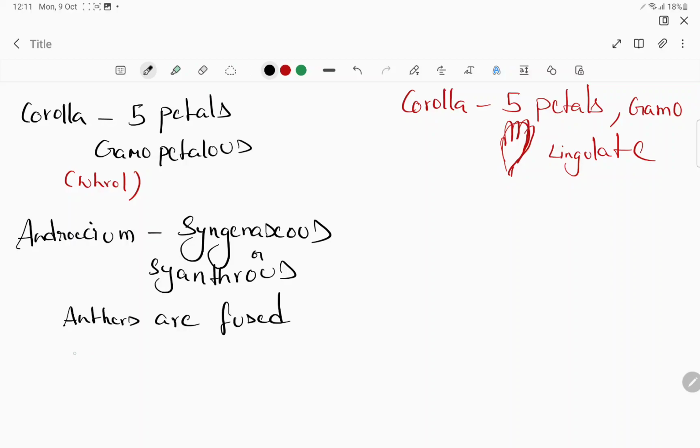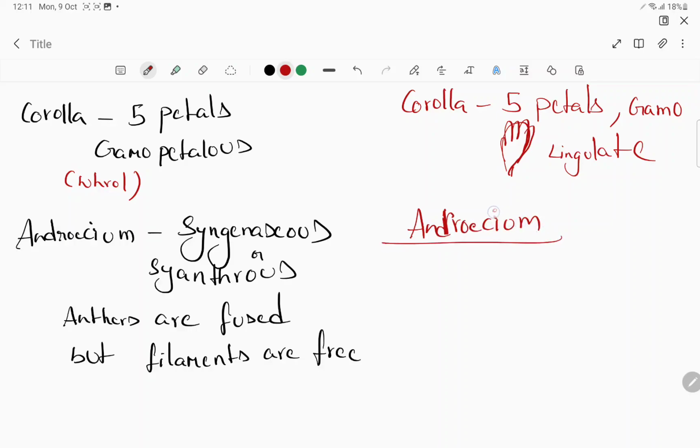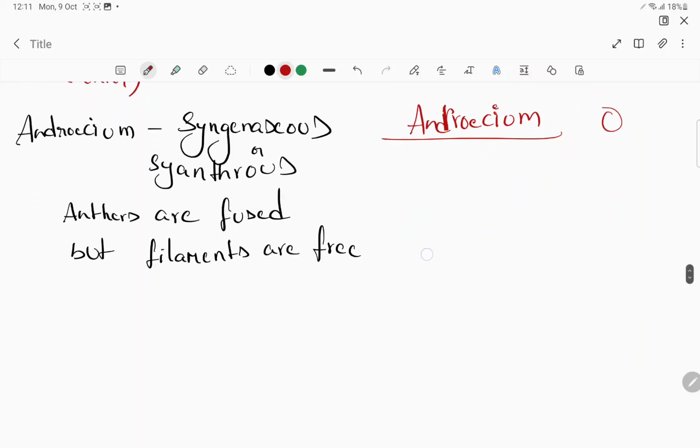Anthers are fused, but filaments are free, right? In the case of ray florets, androecium is 0. There are no anthers, so there is no need to write anything.